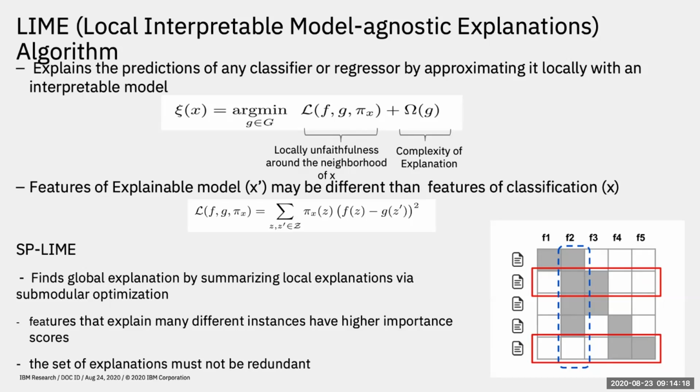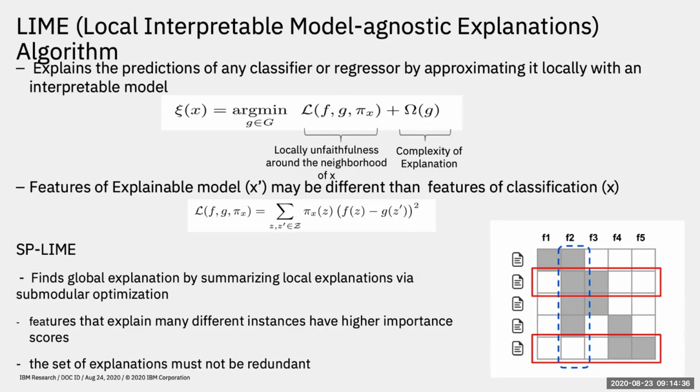When you optimize this loss function, you learn the new explainable model g, which is much simpler than the original non-explainable model f. So this is how LIME works.